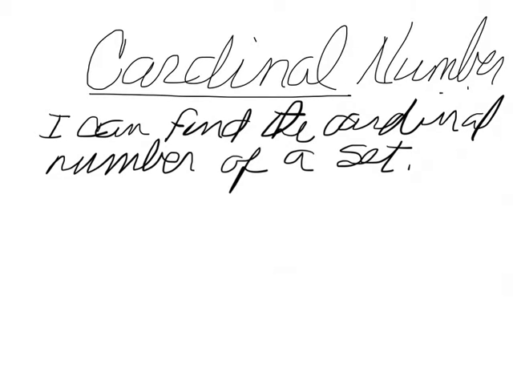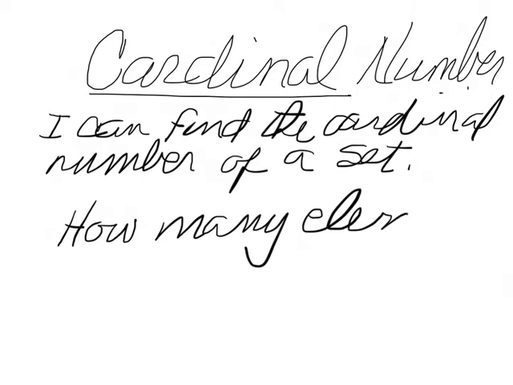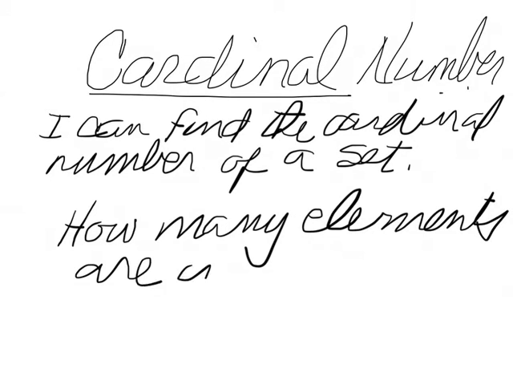what is a cardinal number? Well, all a cardinal number is, is how many elements are in the set. So all we have to do is figure out how many elements are in the set.